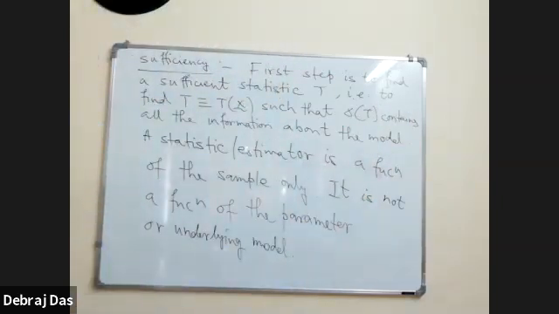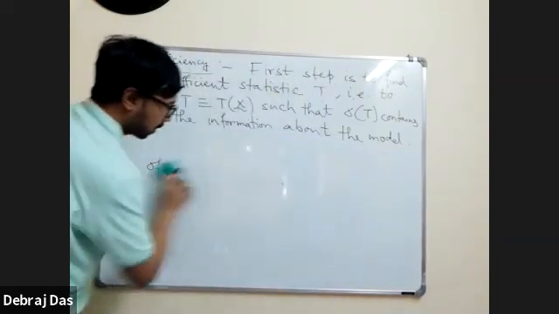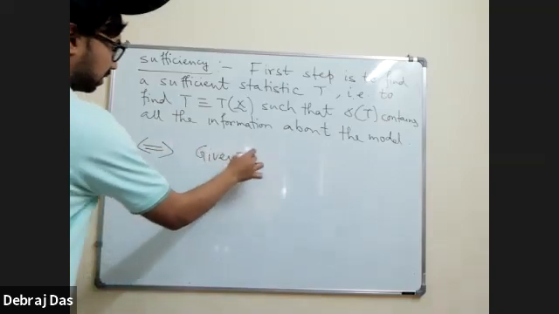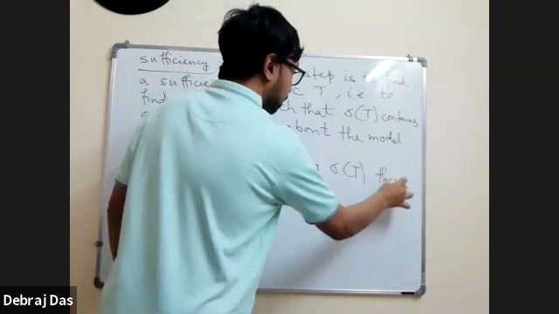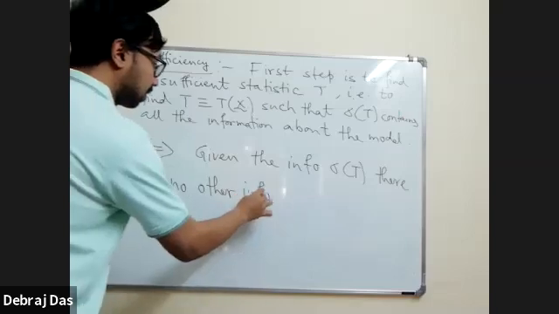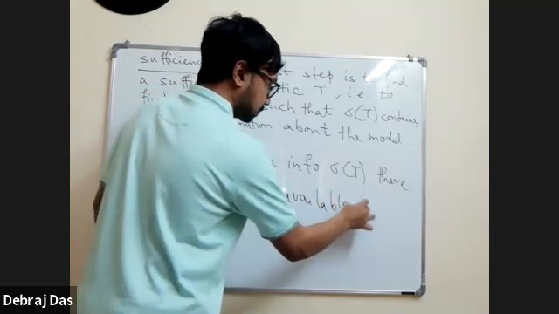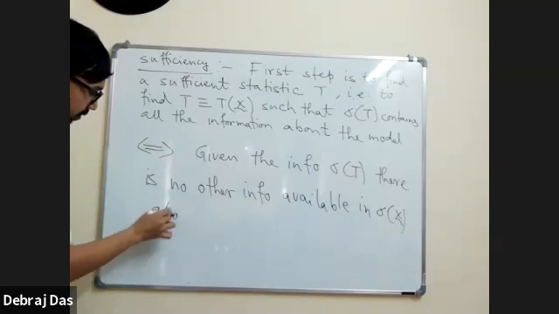Okay, that is what sufficiency is. So in other words, you can say that given the information sigma T, there is no other information available in sigma of X curl about the model.